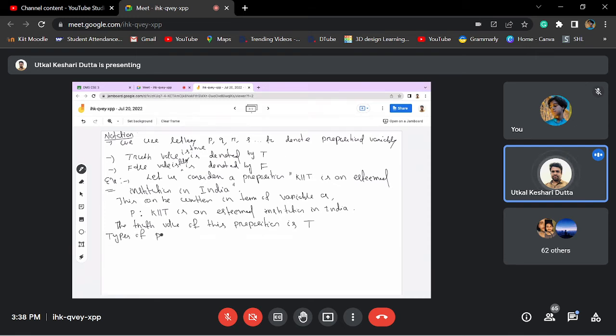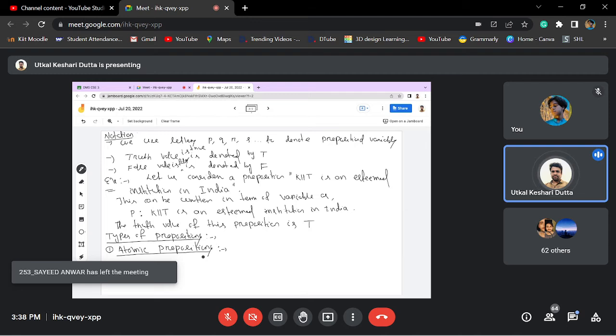The types of propositions. There are basically two types of propositions. One is atomic propositions. Atomic propositions are single propositions that cannot be simplified further.